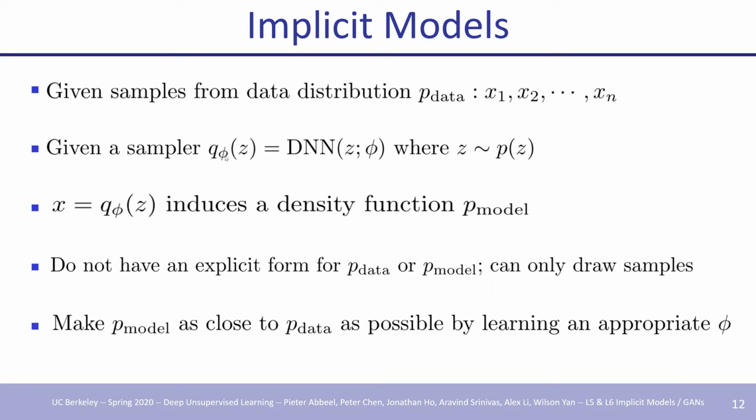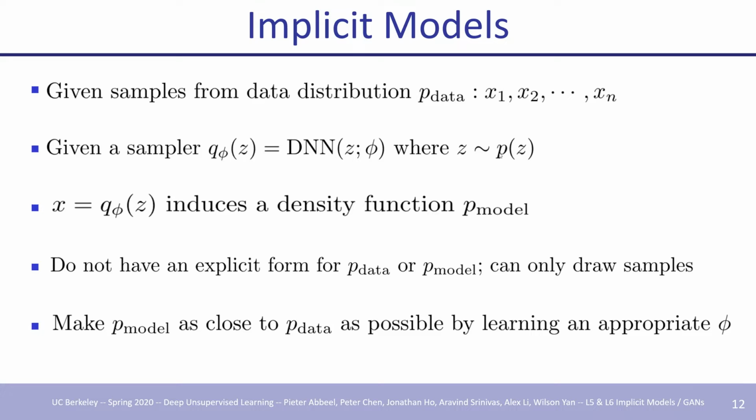And Q is a sampler, meaning something that will generate our image. Z is the latent space, phi is our parameters, and Q is our generator. The generator is a deep neural network, and Z comes from P of Z.